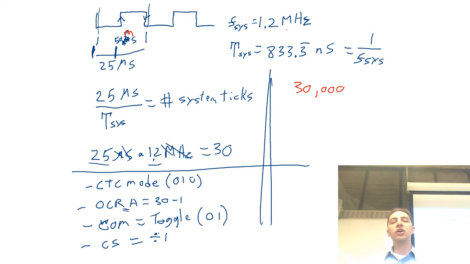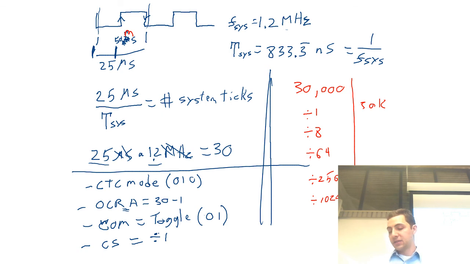So I can look at this a couple of different ways. The prescaler is going to affect things. So first off, I could look at the number of ticks and divide the number of ticks. So I've got divide by 1, divide by 8, divide by 64, divide by 256, divide by 1024. Okay. Well, divide by 1 is just 30K.